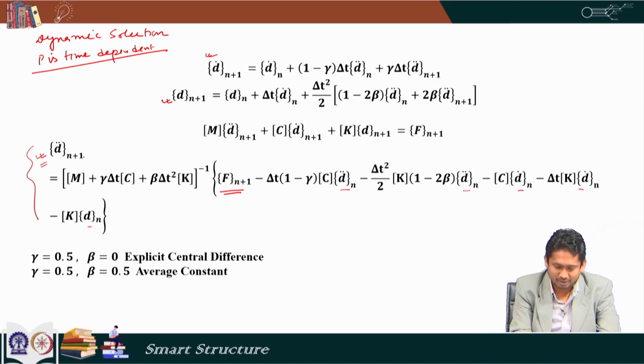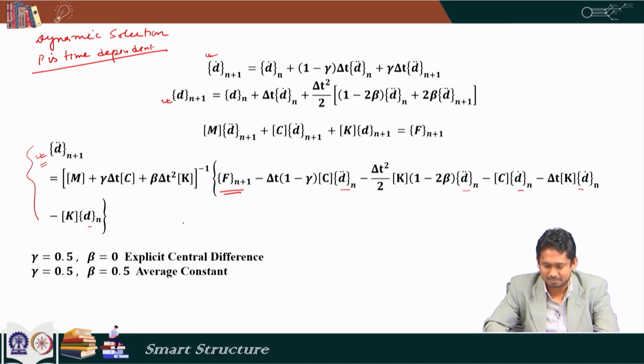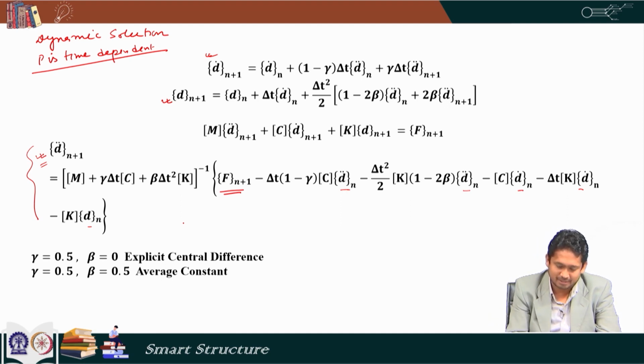So, here if I want to find out this by iteration, again I make a guess of epsilon, and based on the guess of epsilon that we make, we can find out d dot at n plus 1, and that will give us d at n plus 1, and then once we get that d at n plus 1, we can find out the new epsilon, and again the procedure is repeated till my epsilon converges.